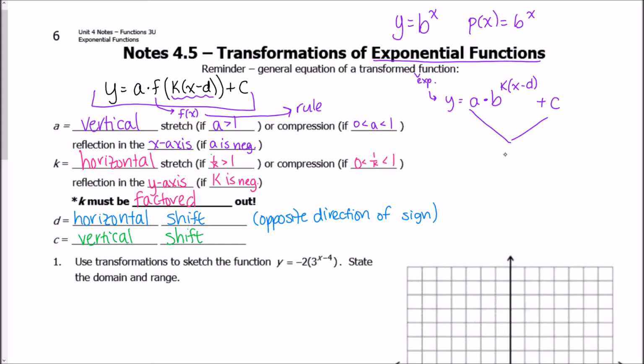So remember, these pieces are our vertical pieces, and these pieces here are going to be our horizontal pieces.